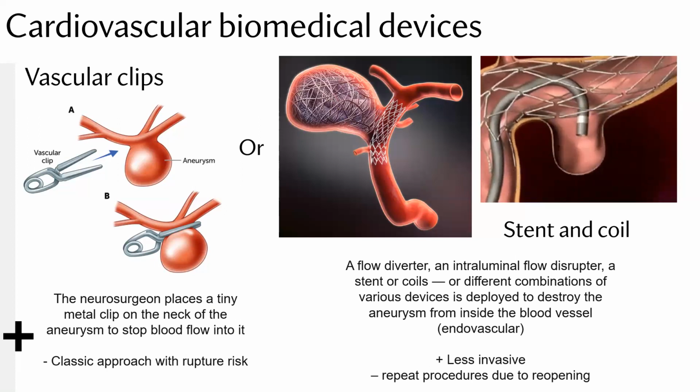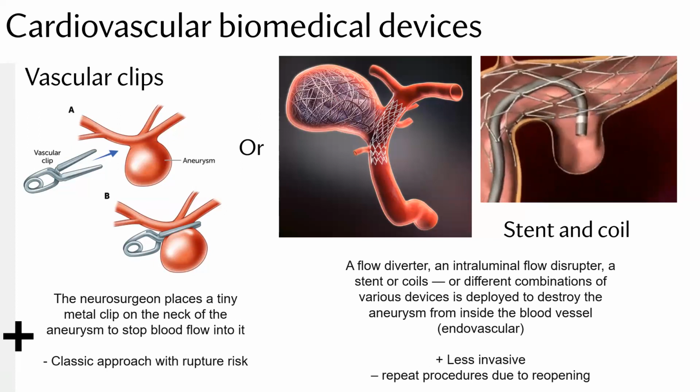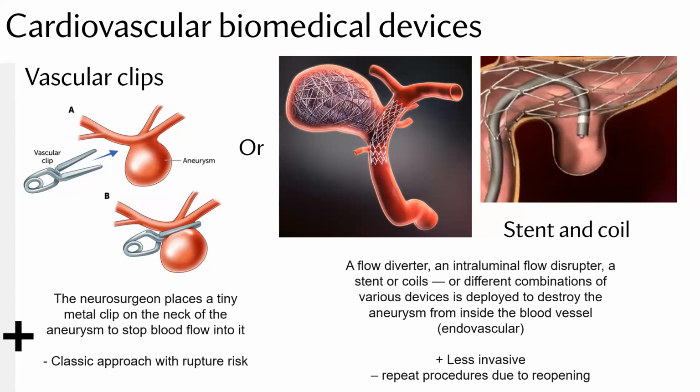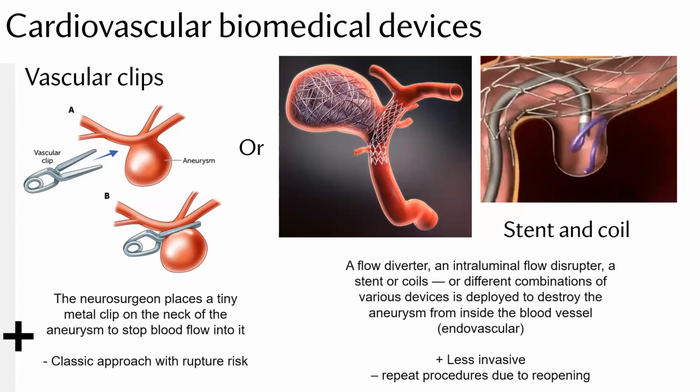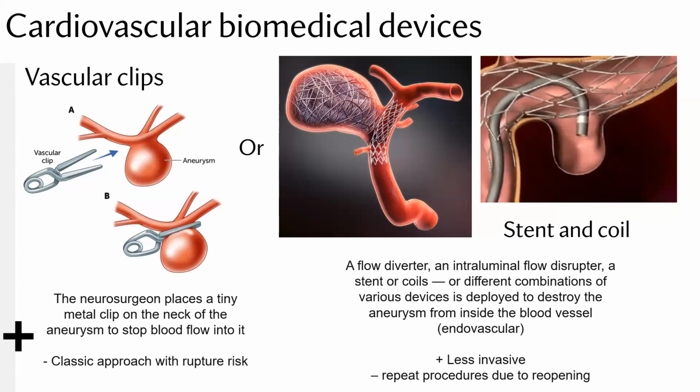The more recent approach is using stents to divert the flow, and we call them either a flow diverter or intraluminal flow disruptor. The idea is that they get the streamlines of the flow to follow through the main vascular branch and not to go in there.